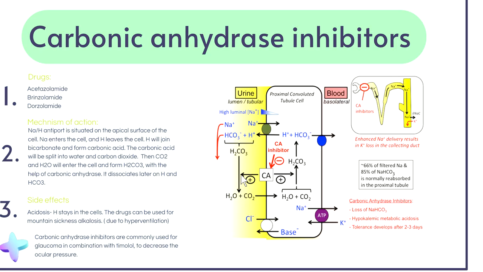But when we're studying now about this medication, carbonic anhydrase inhibitor, this medication is not acting directly on sodium, but it is acting on the carbonic anhydrase, the enzyme which is going to split the carbonic acid into water and carbon dioxide.